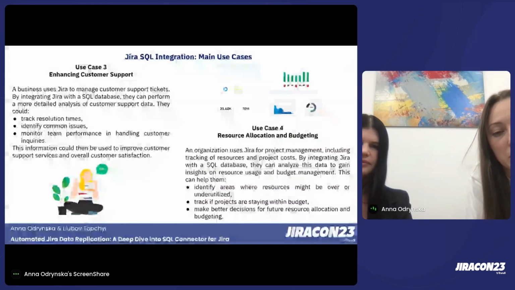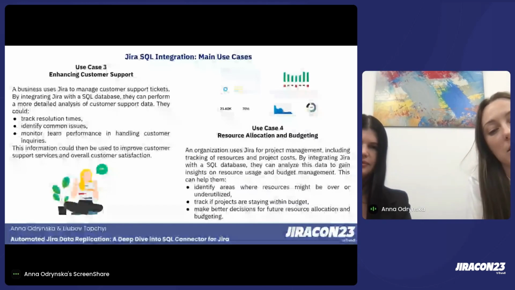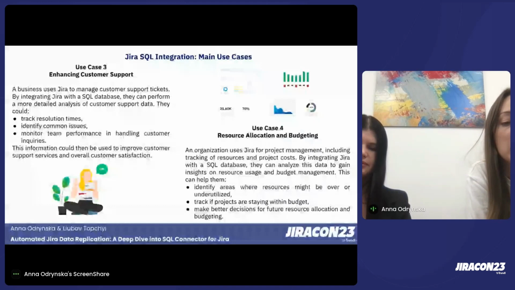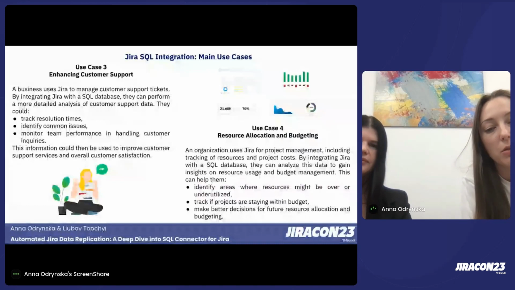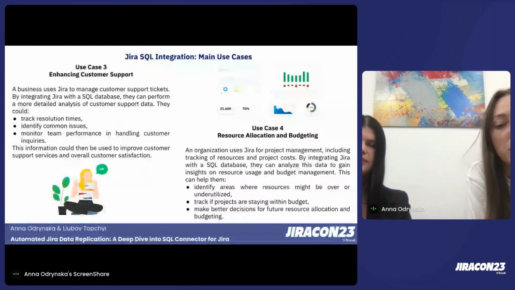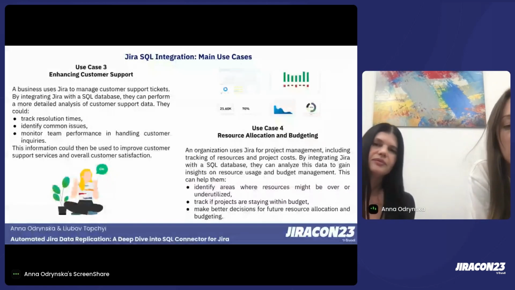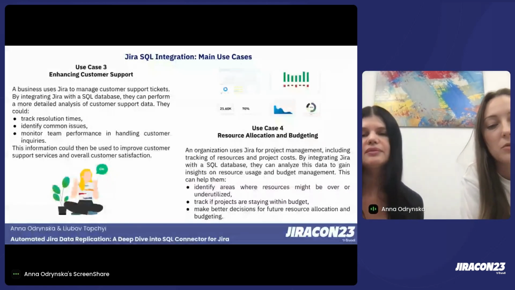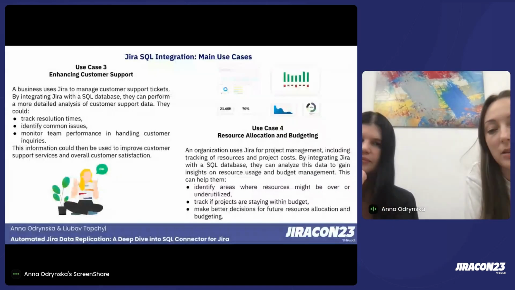So in this case, integrating Jira with SQL database allows to analyze this data and gain insights on resource usage and budget management, and this in the end can help to identify areas where resources might be overutilized or underutilized, track if projects stay within budget, and of course make better decisions for future projects for their resource allocation and budgeting.